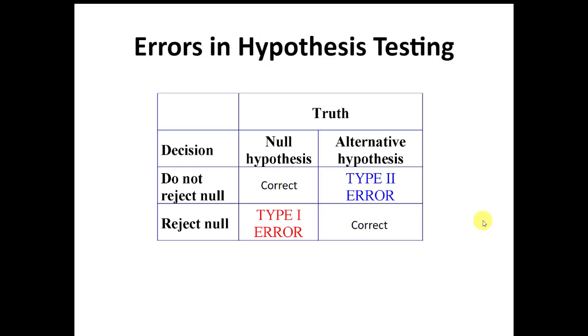These two different types of errors have names. If you do not reject the null when the null is false, that is a type 2 error. When you reject the null when the null is true, that is a type 1 error.